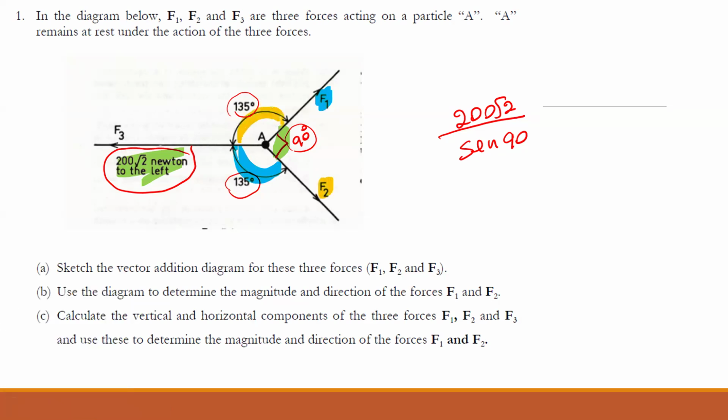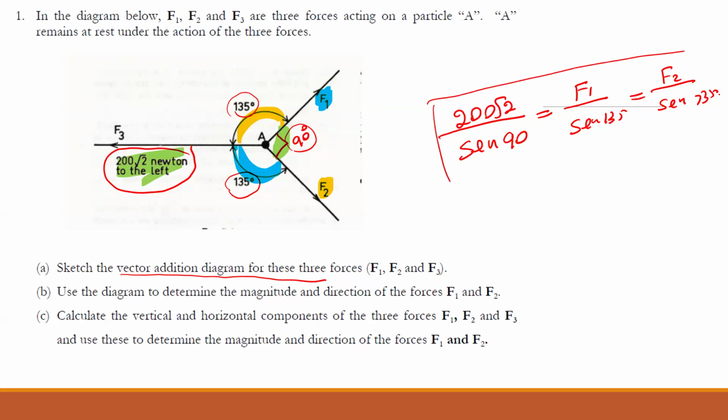So you can say F1 divided by sine 135 is equal to F2 divided by sine 135. You can draw the triangle and do it, or, because here they are asking you to draw the triangle, you need to draw it. But in a question, if they are not specifically asking you to draw the diagram, you can do it like this. If you put in these numbers, you still get the same answer. Any question?